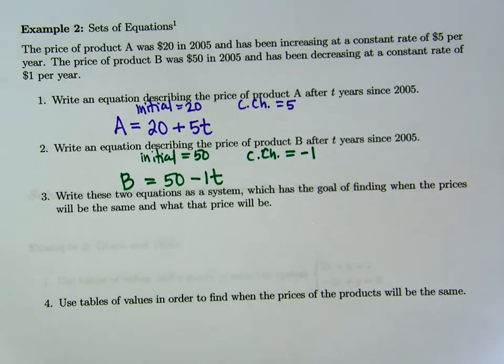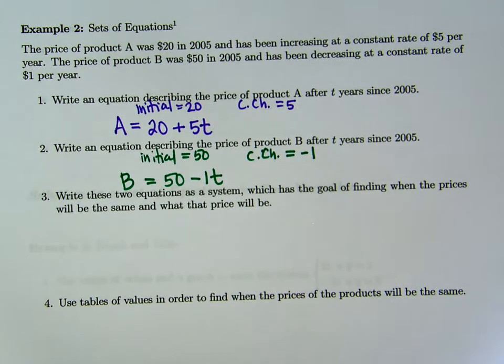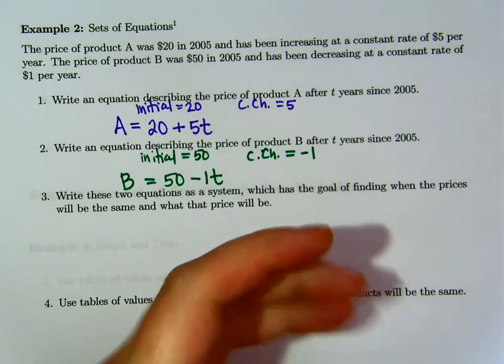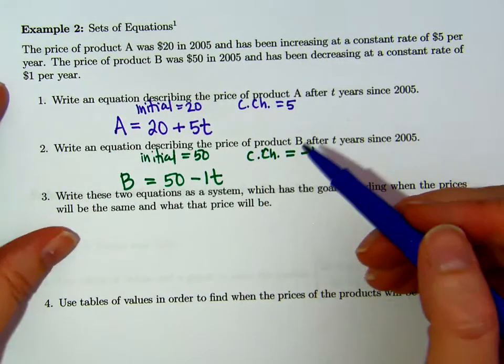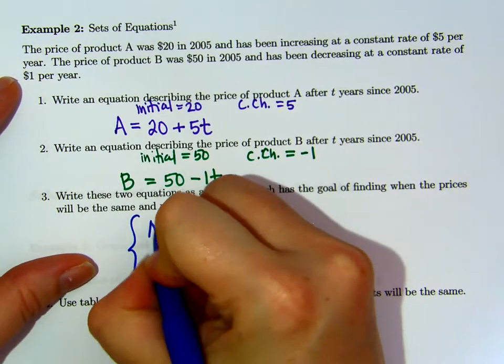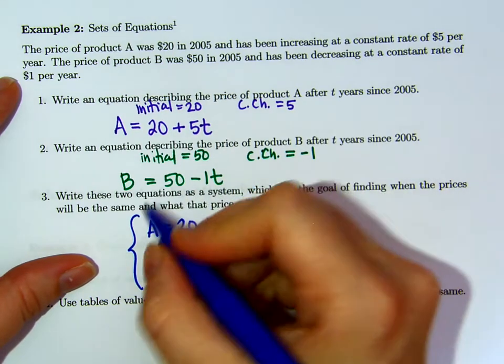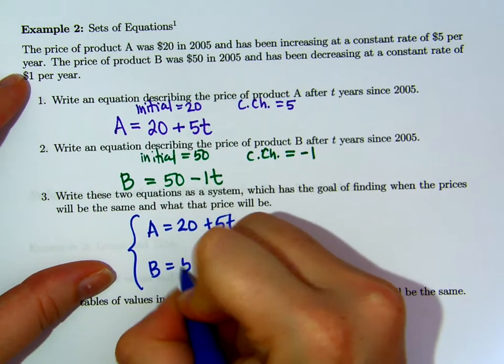Write these two equations as a system. So these two things are happening simultaneously. You've got two products on the market and they're behaving differently, but they're both yours. So here they are as a system working together.